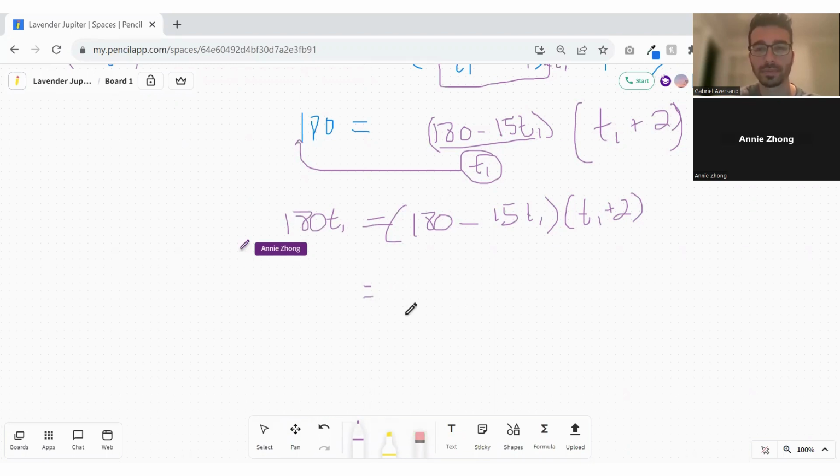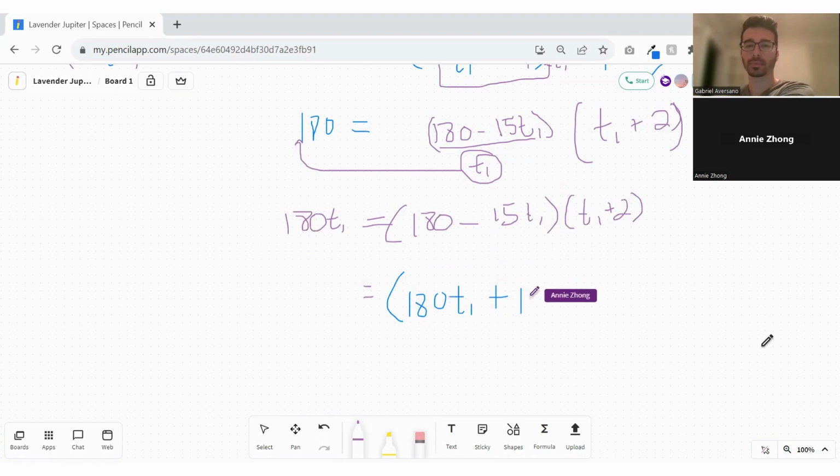Okay, sure. So the 180 can multiply to the t1, so I get 180t1. And then the 180 can multiply with the 2, so 180 times 2 is 360.